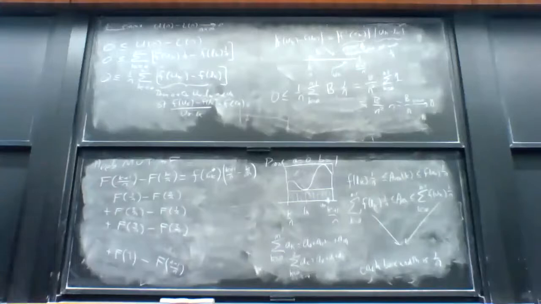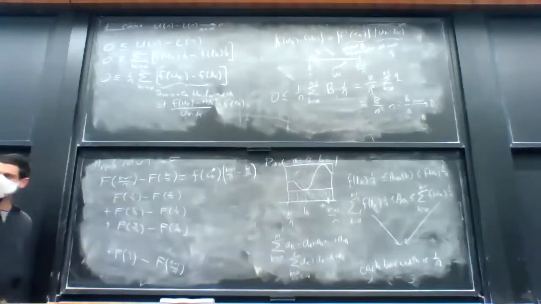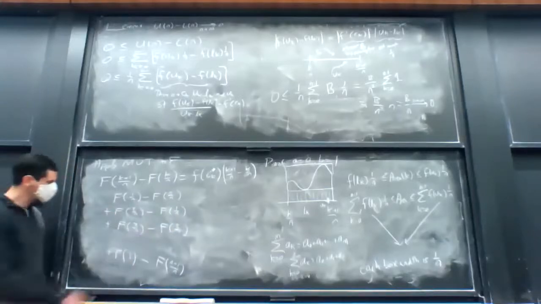What do you notice in this sum? Yeah, this diagonal cancellation. We have a plus F of 1 over n, a minus F of 1 over n. These terms cancel. This is called a telescoping sum. A plus F of 2 over n, a minus F of 2 over n.